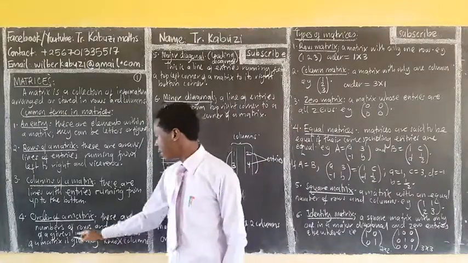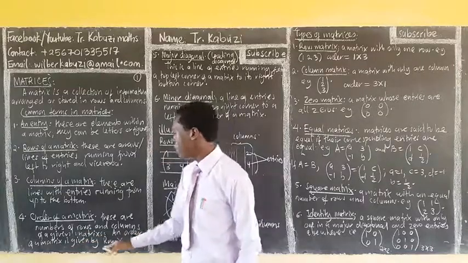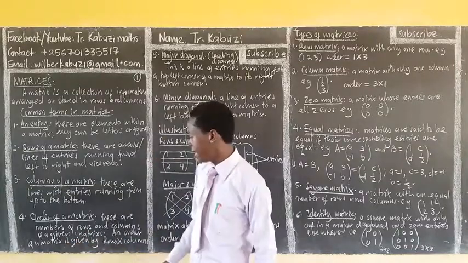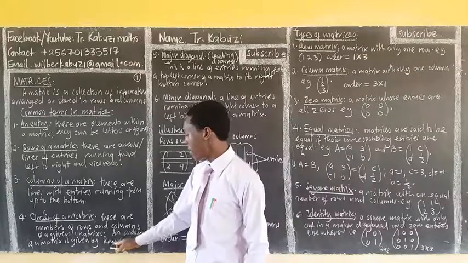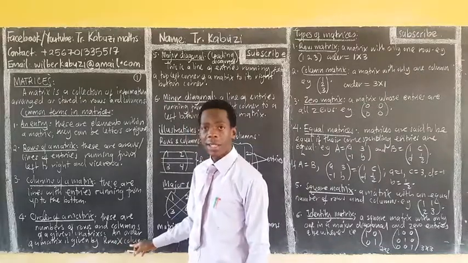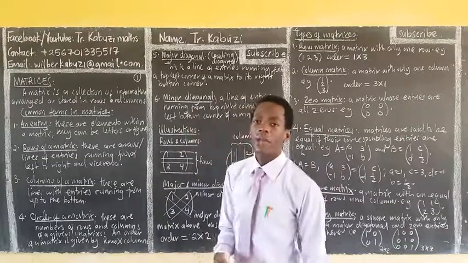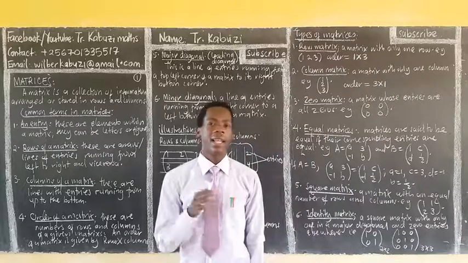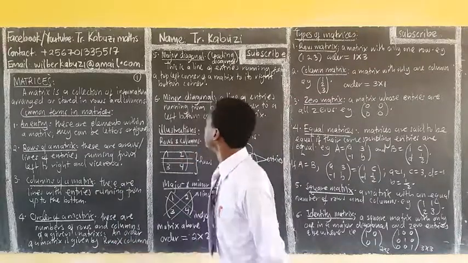Then order of a matrix. This is the number of rows and columns of a given matrix. The order of a matrix is given by row by column. Like in mensuration where we say length times width, here we say row by column.